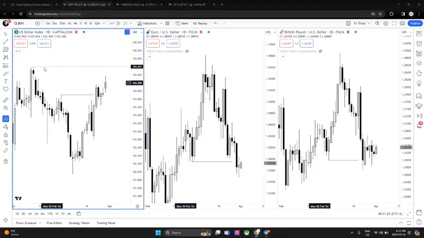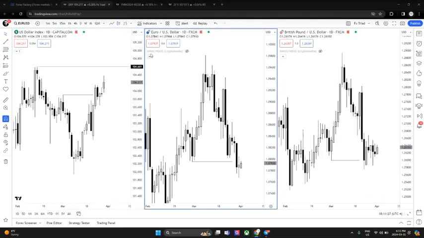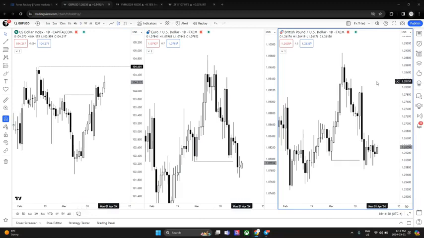Okay, so looking at the US dollar, the euro, and the British pound. Whenever you're looking at the Forex market, this is the layout you need in front of you. Personally, I use these layouts to see the charts.